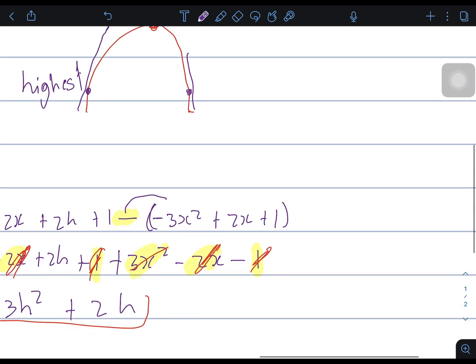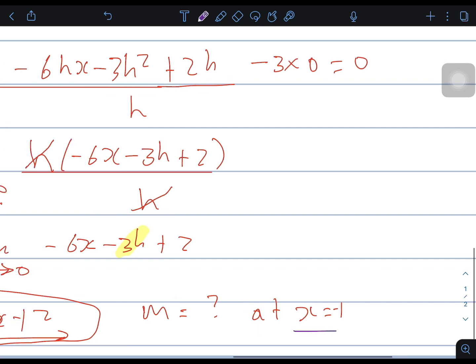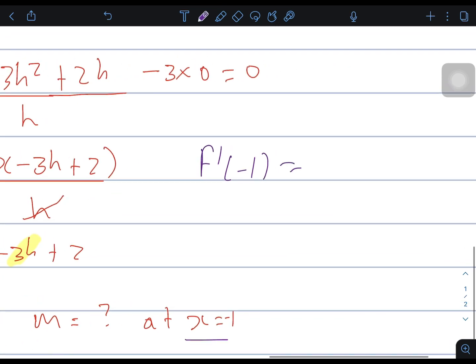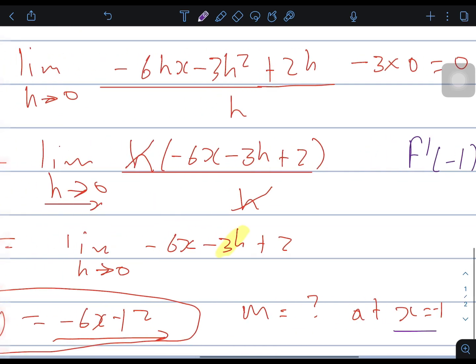Which is, here they say we must calculate the gradient when x is equal to negative 1. So f prime of negative 1 is equal to, we substitute negative 1, negative 6 times negative 1 plus 2.